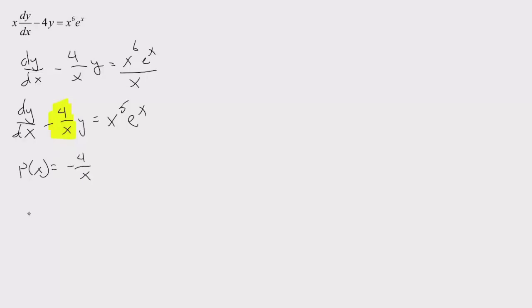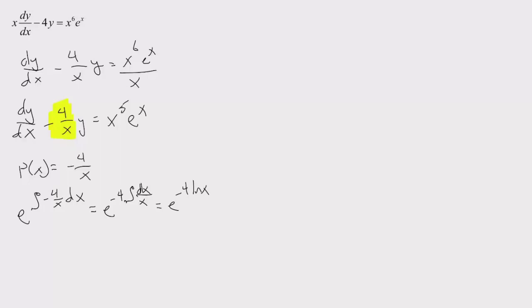So I want to evaluate e raised to the integral of negative 4 over x dx. So let's move some things around. Let's bring the negative 4 out front there. So that's the integral of dx over x. And that's e to the negative 4 of ln of x.